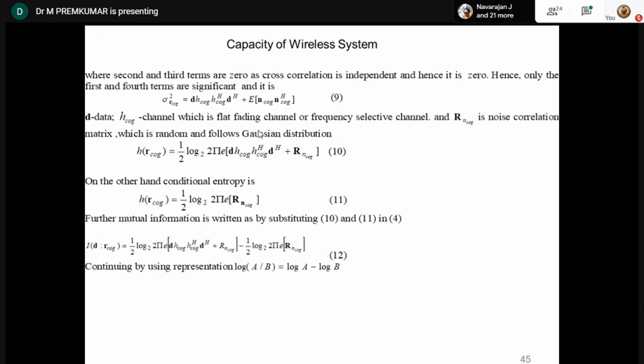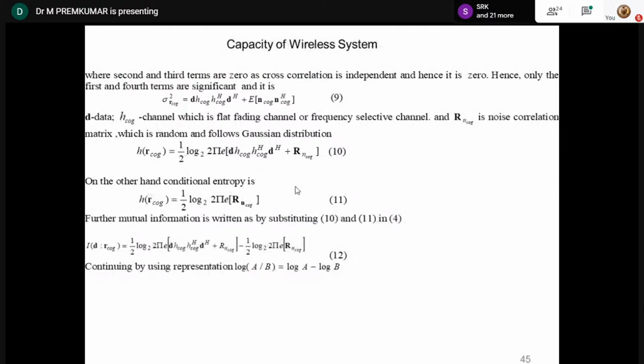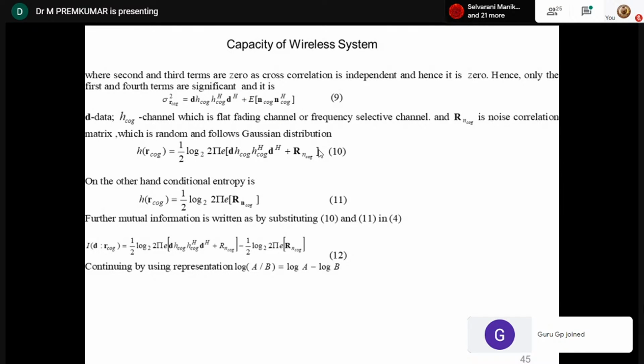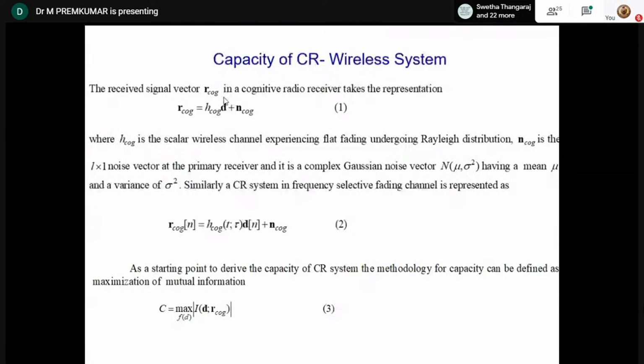You might think whether these sort of derivations are essential or not. In case you want to work on the back end side, you need to know the theoretical amount of capacity for any particular wireless system or a machine vision wireless system. All you have to do is fit in this particular D, either a data signal, a video signal or an image signal, and do the processing.